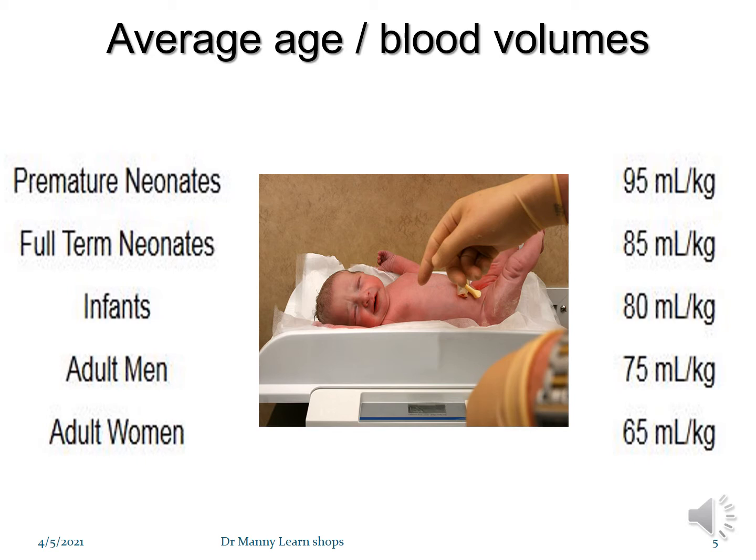Infants 80 mils per kg, adult men 75 mils per kg, adult women 65 mils per kg. So let's say men and women, approximately 70 mils per kg. So if you weigh 70 kg, then you've got about, 7 sevens are 49, 5 litres of blood within your body, approximately.